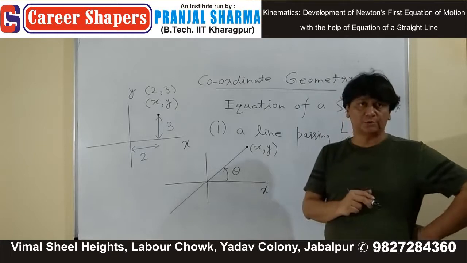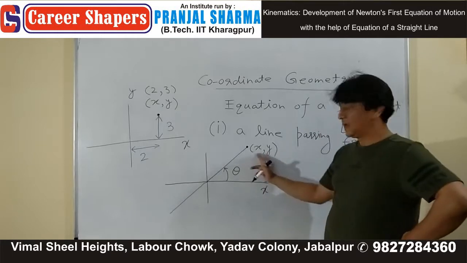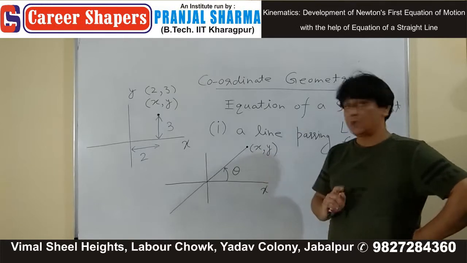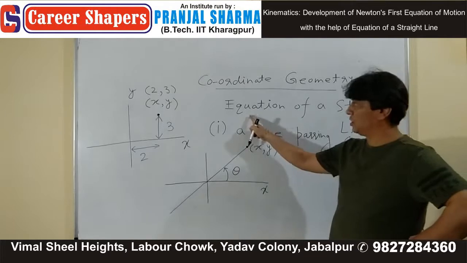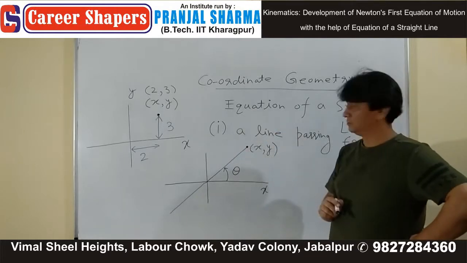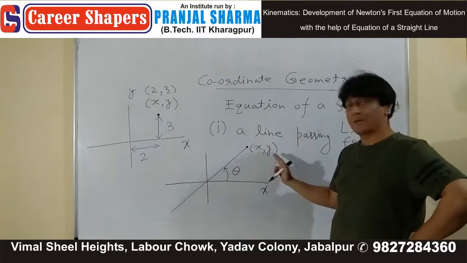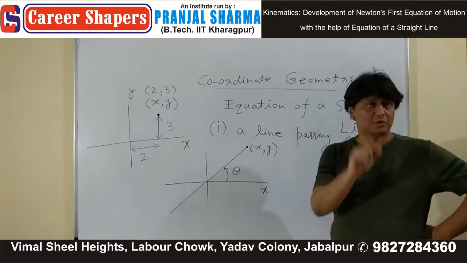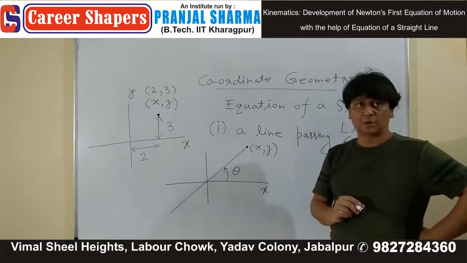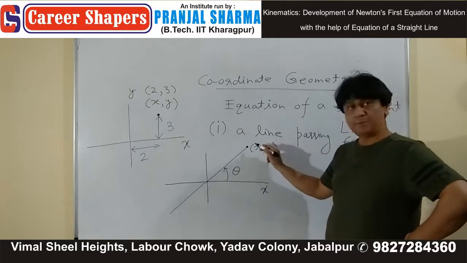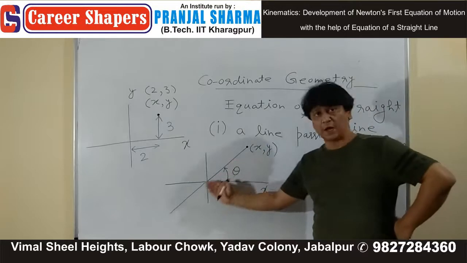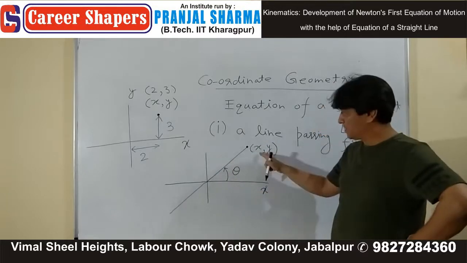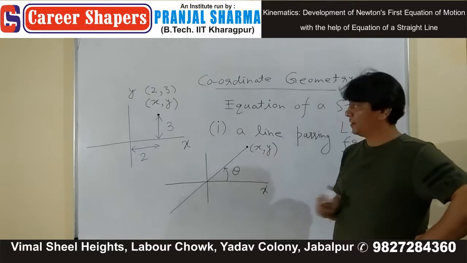If I ask you what is the relation between the x and y coordinates, then that relation is called the equation. If you can represent y in terms of x, then this is called the equation. Any point which lies on the line is represented by x, y.